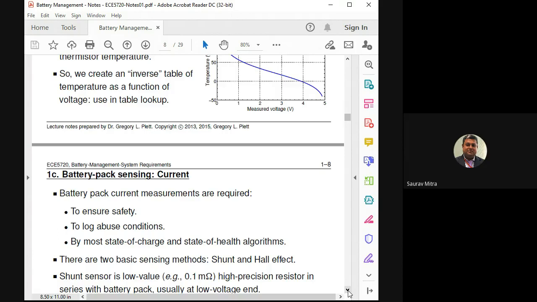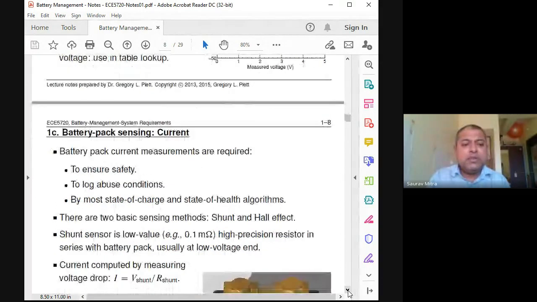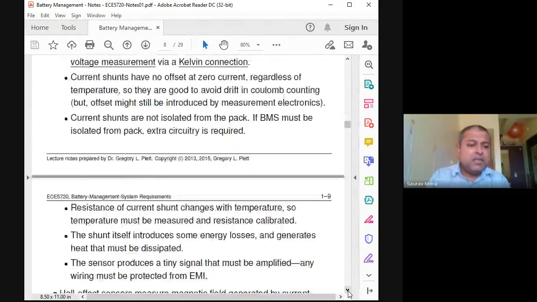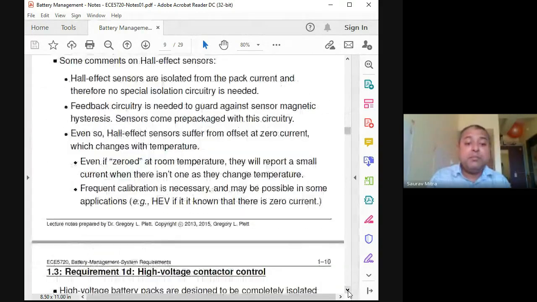As in the extra guest lecture that we had kept, she explained that thermal runaway should not happen, because once the batteries start getting heated up, their efficiency decreases continuously and very fast. So that thing should not happen. Battery pack sensing, current sensing, over discharge sensing, all those things are there. So many parameters. What is Hall effect sensor? That is a very important thing.